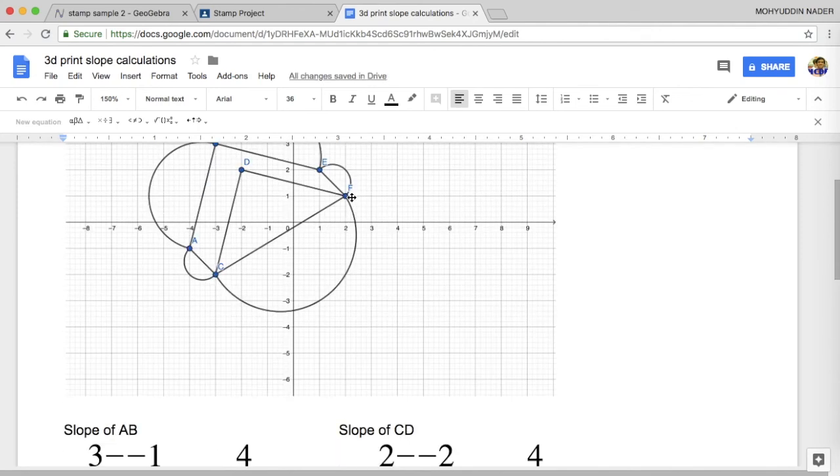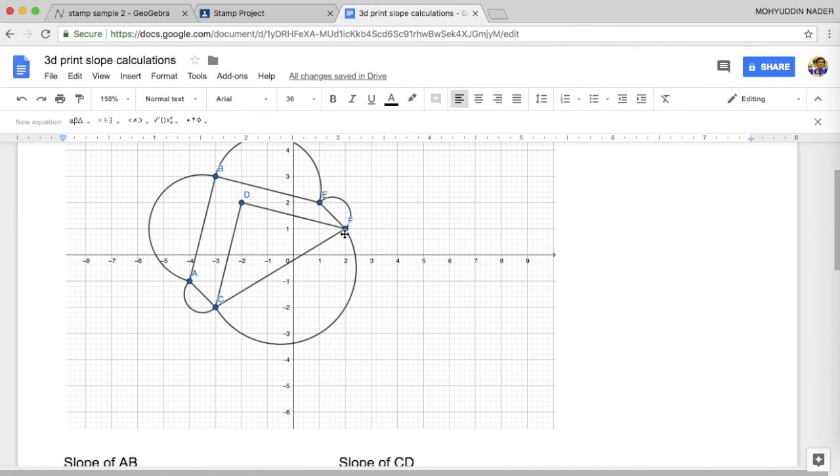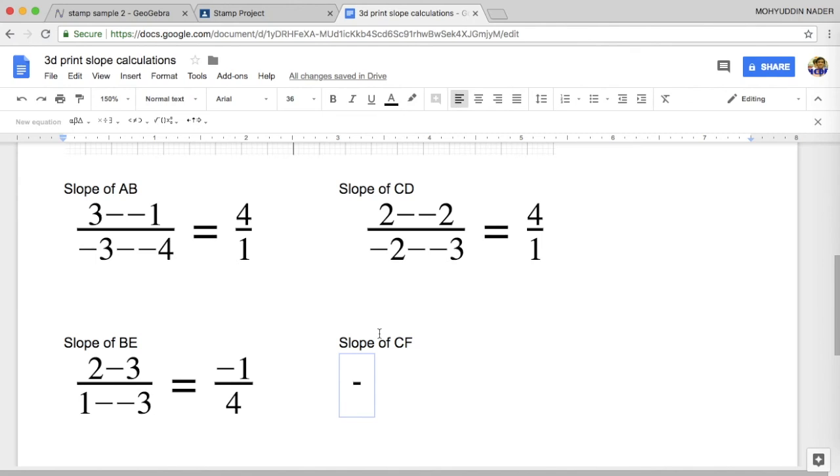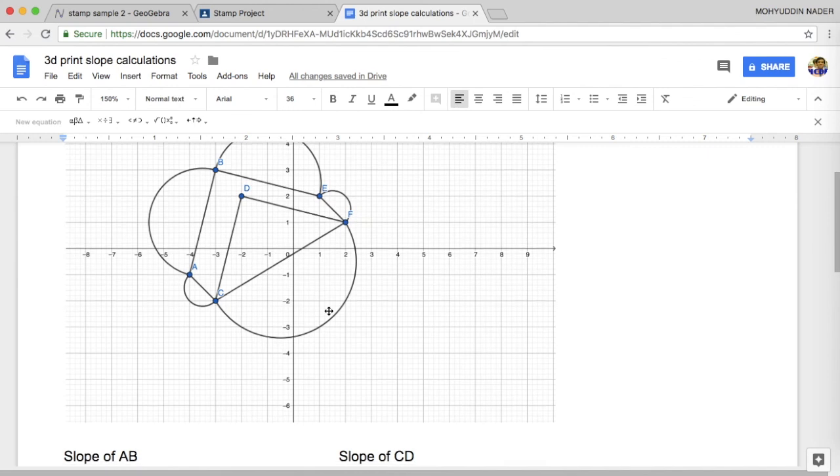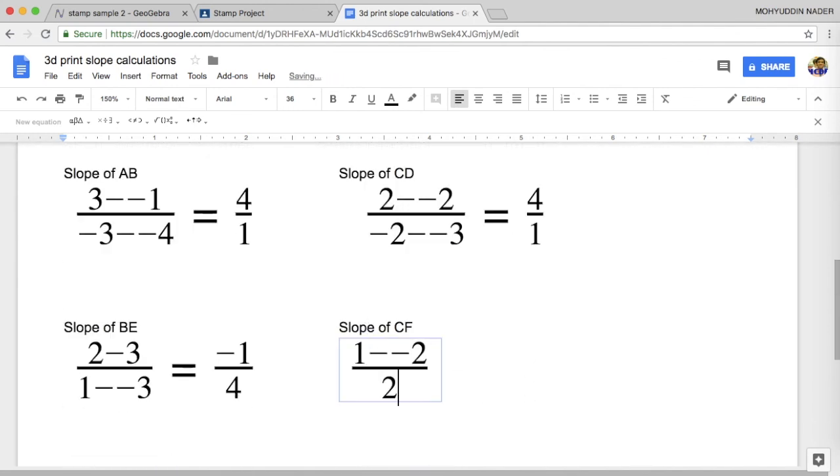F has a y value of 1, and C has a y value of negative 2. So 1 take away negative 2. And for my x coordinates, I have 2 for F and negative 3 for C. So 2 take away negative 3. So that gives me 1 plus 2 is 3, and 2 plus 3 is, famously, 5.